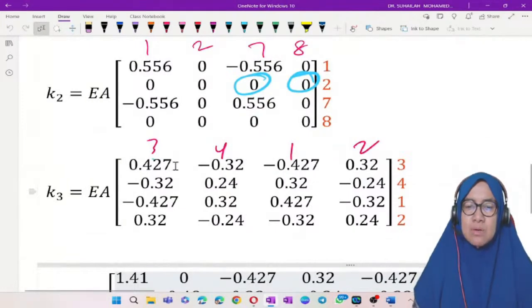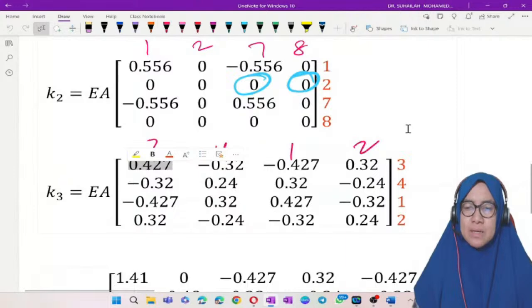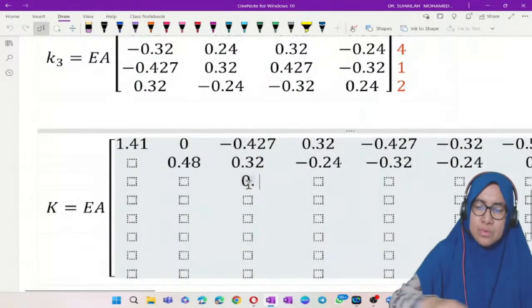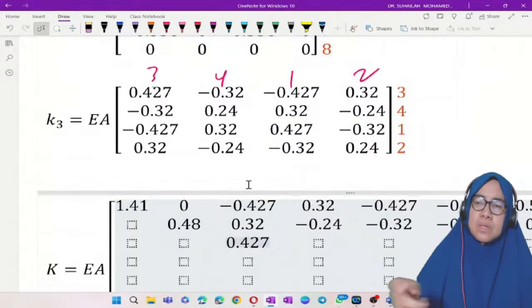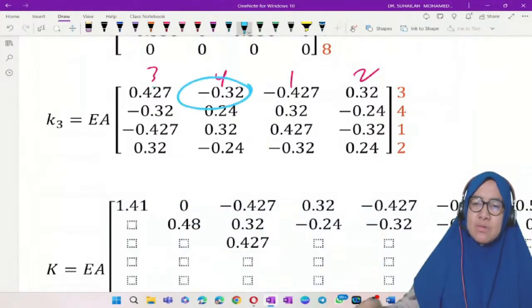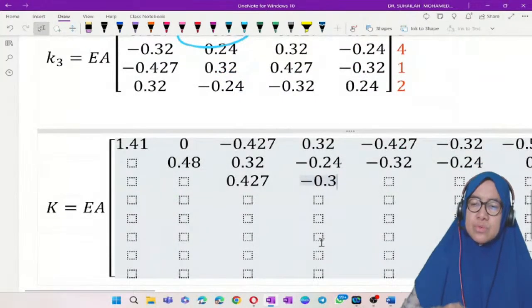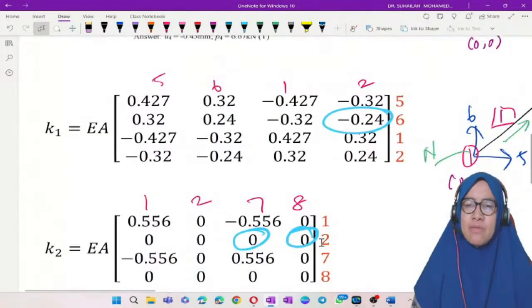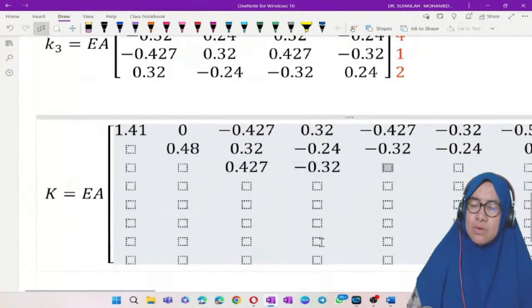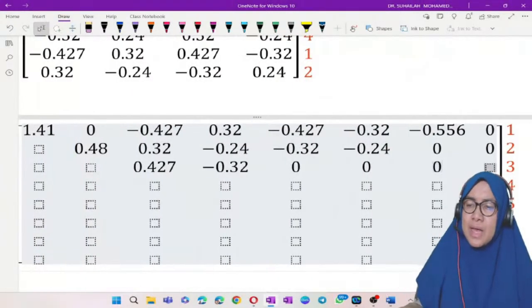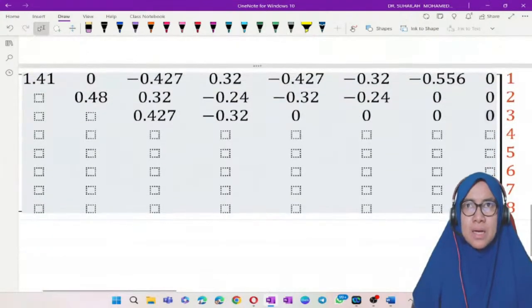So 3,3 is 0.427. 3,4 is negative 0.32. 3,5, no intersection, it is 0. 3,6 also 0. 3,7 is 0, no intersection. 3,8 also 0, no intersection.